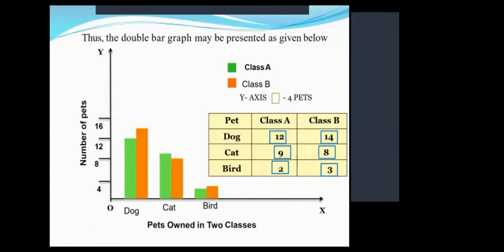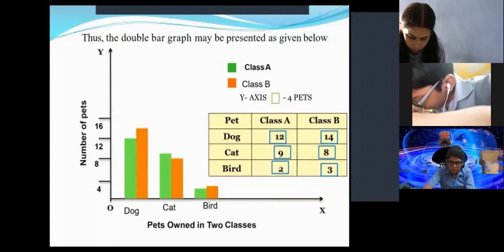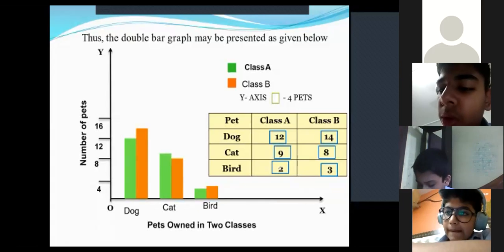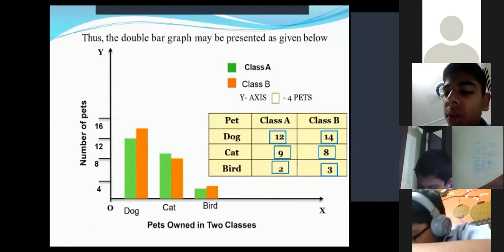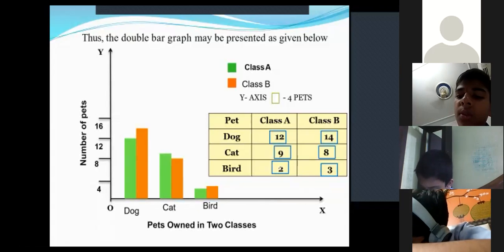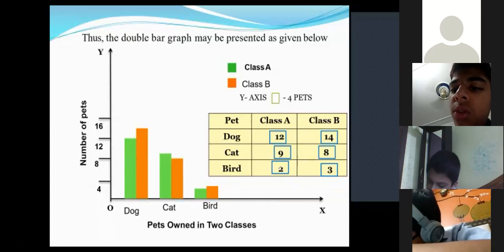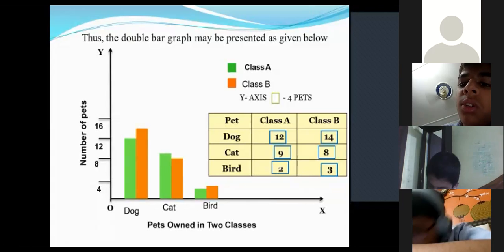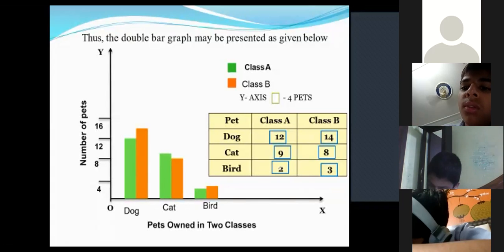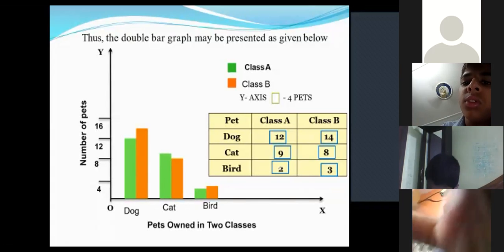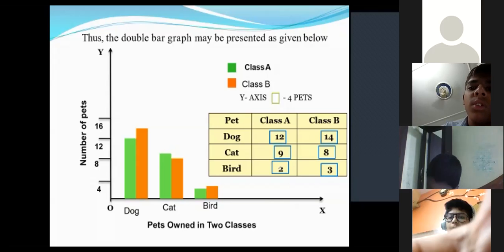Ma'am, mine is done. Very good. Ma'am, but it is too short, because I took a 5 scale now. Okay. Ma'am, I have done.